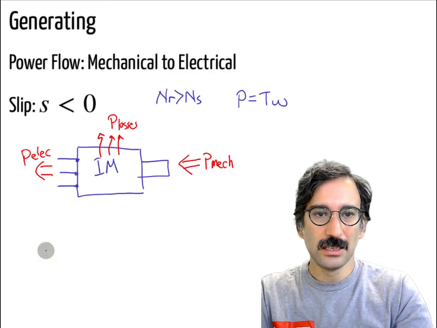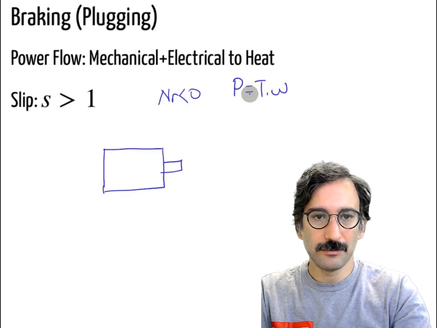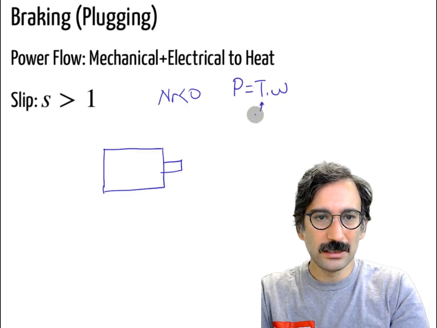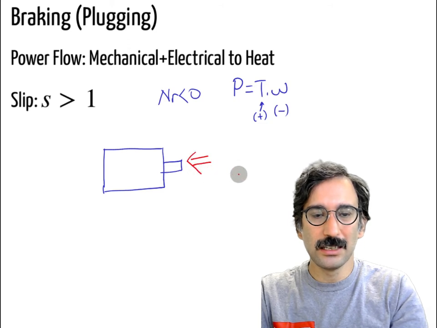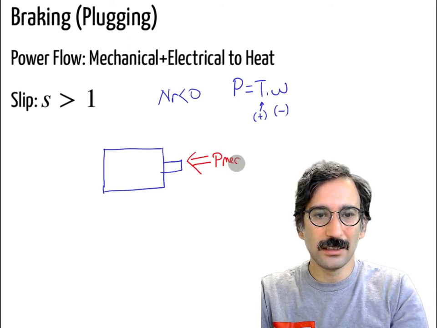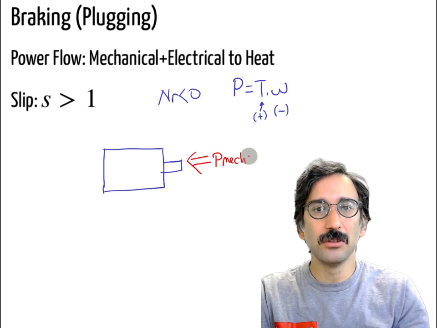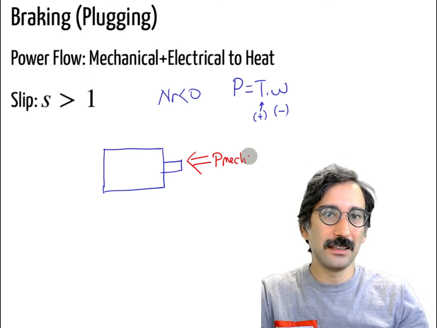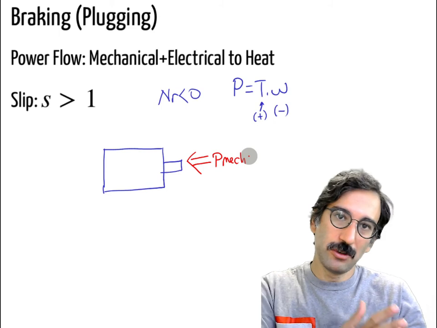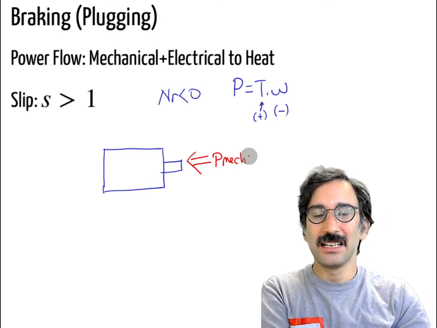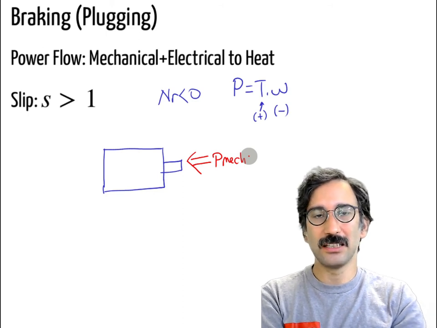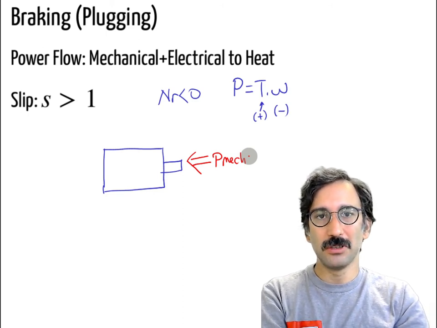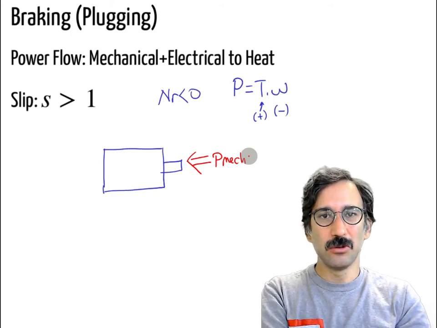So that means this one is positive, but in this case this is negative. So that means power flow or mechanical energy is in that direction. That machine is trying to slow down. Okay, so technically if you look on that side, it is the same way as in a generating mode. So that's why that's called the braking mode, or again similar to DC motors, we can call it the plugging mode. Again, this is not normally preferred.